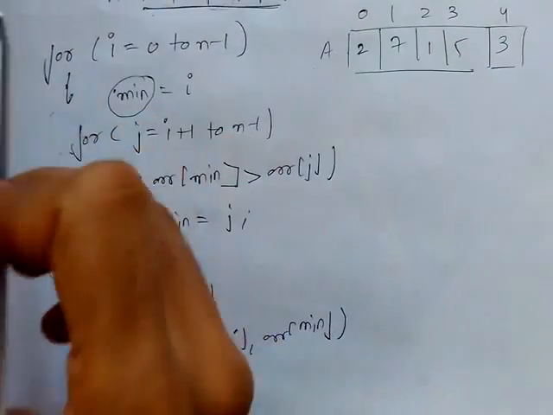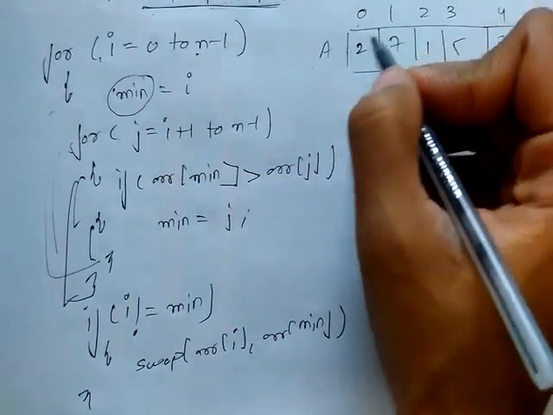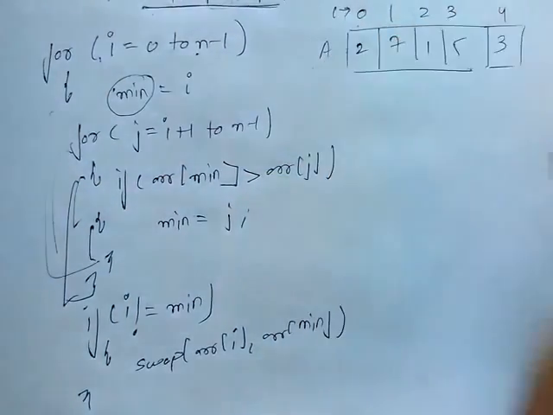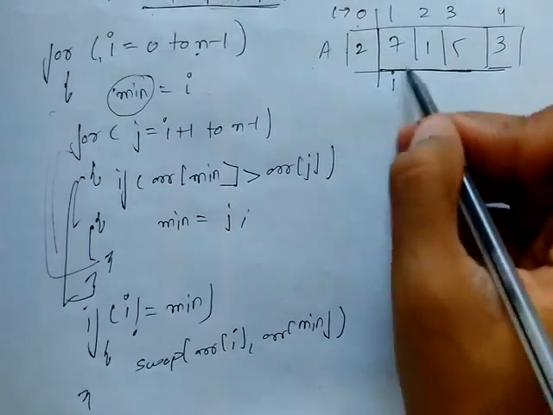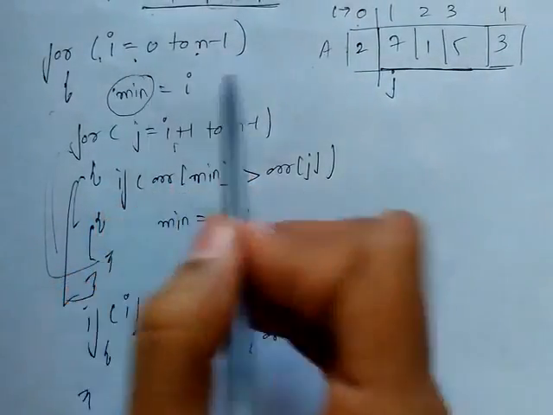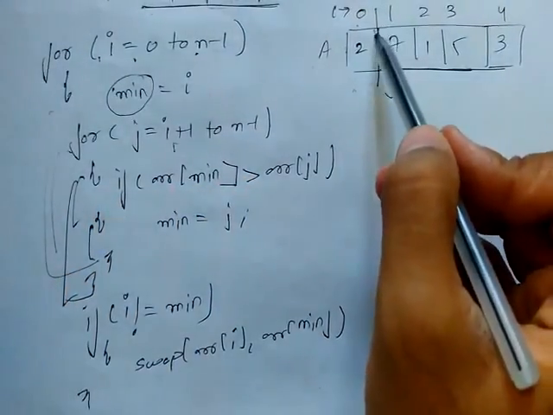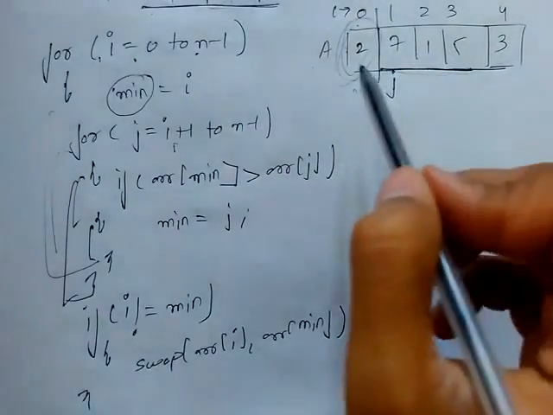So I will have i from 0 to n minus 1. Now my i is from here, and my j will start from here. Now why am I placing j ahead of i? Because every time I am dealing with the sorted array, my sub-array will be ahead of the sorted array.